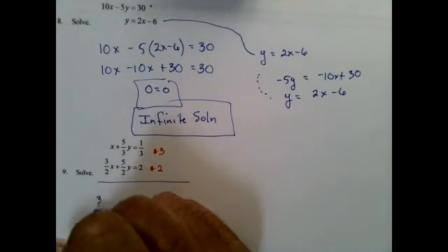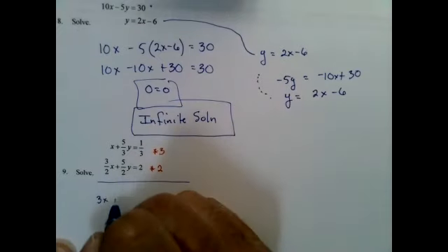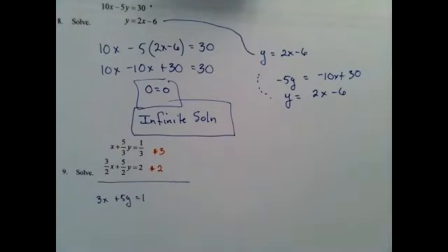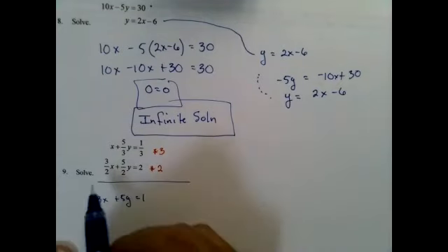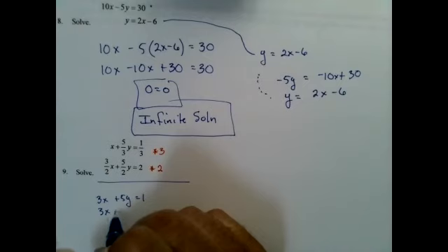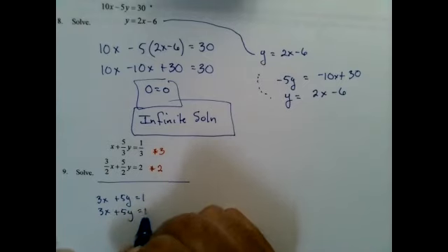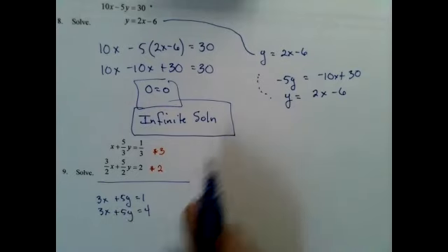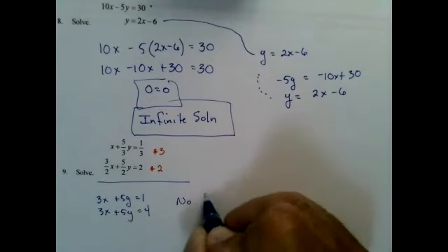I get 3x plus 5y equals 1. I get 3x plus 5y equals 4. This is one that is going to be no solution.